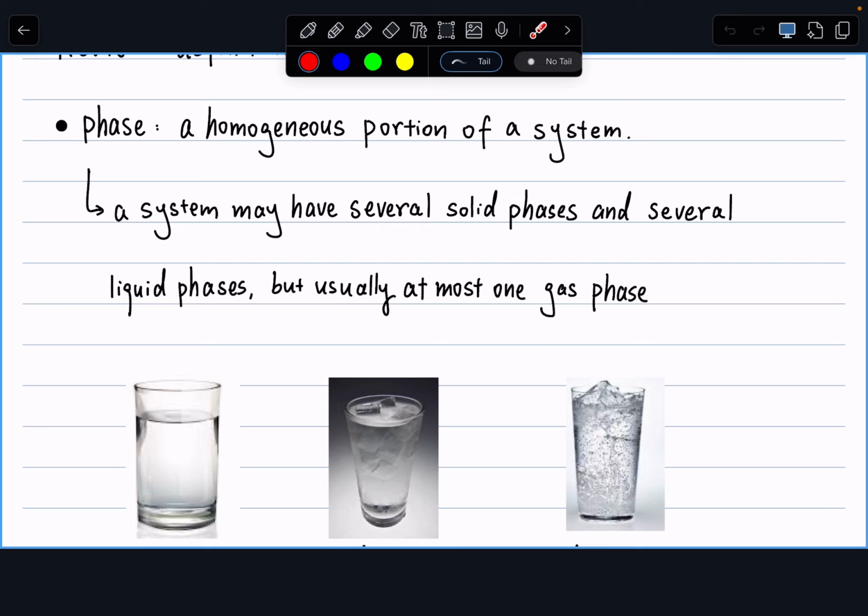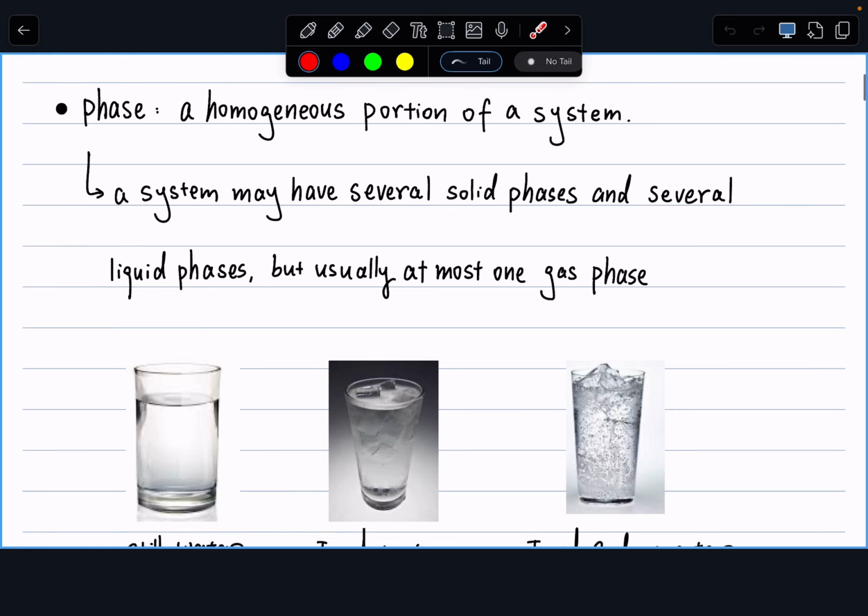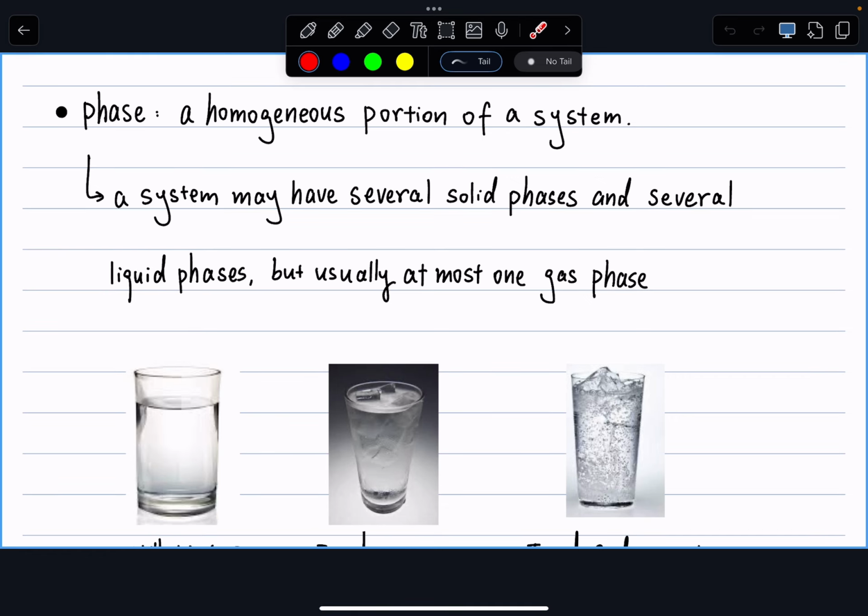So a quick review on some of the terms we will be using: what is a phase, what does homogeneous mean, what does heterogeneous mean. A phase is typically describing a homogeneous portion of a system. Now, a system of interest could contain several phases, several solid phases, like different kinds of solid are considered different phases.